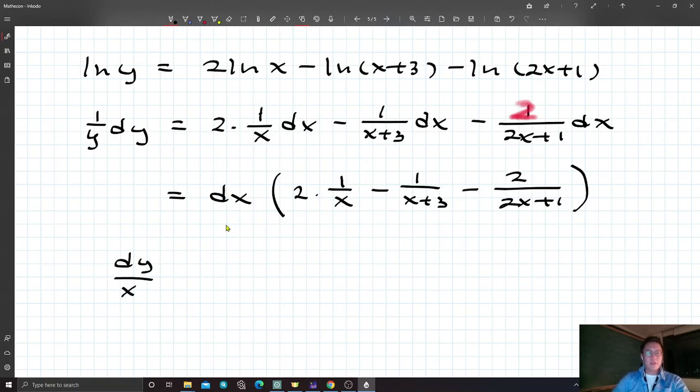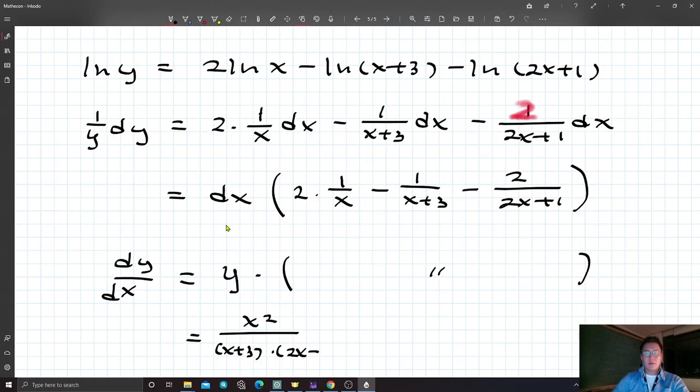Solving for this expression, I would get y times the expression in the parentheses. The y was given by x squared over x plus 3 times 2x plus 1. So that is the derivative of y with respect to x.